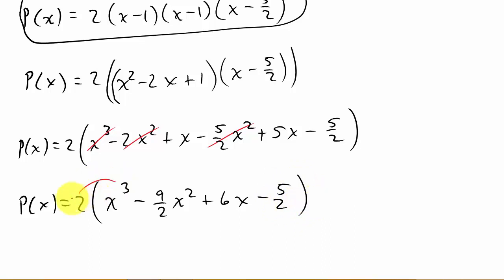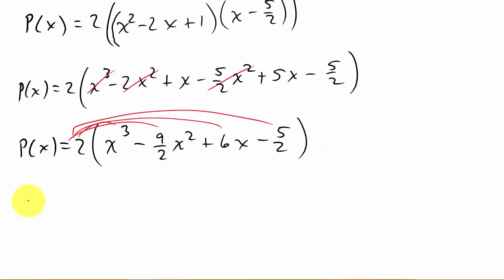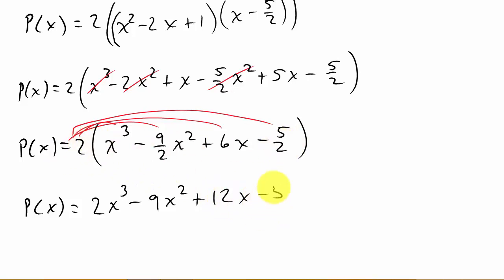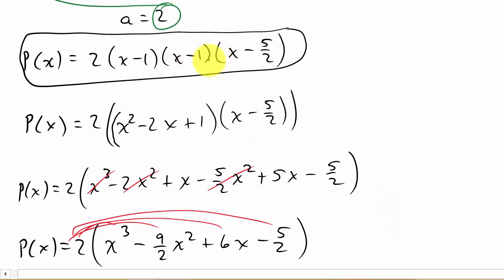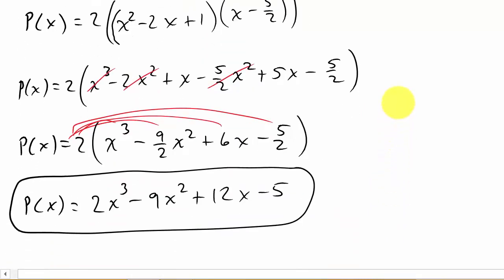Then we can distribute the 2, so p of x is equal to 2x cubed minus, and here the 2's cancel, 9x squared plus 2 times 6, 12x, 2 times minus 5 halves, the 2's cancel, so minus 5. And this would be your polynomial. You can leave it like this, or like this, whatever your teacher wants you to do.